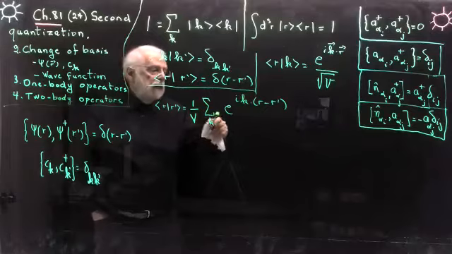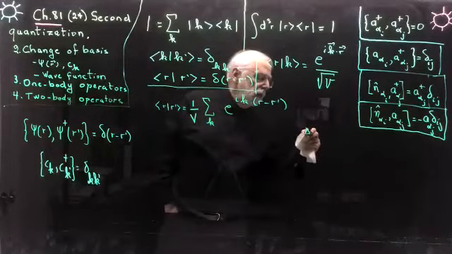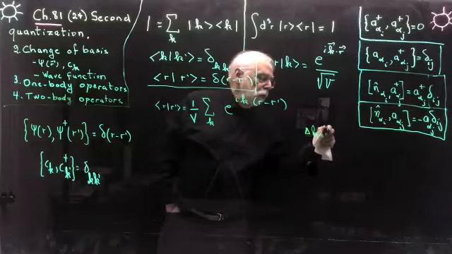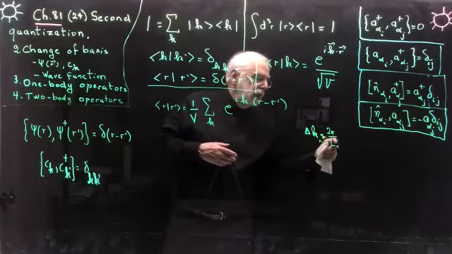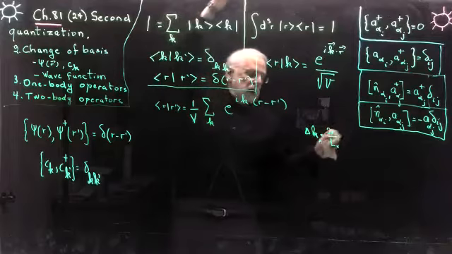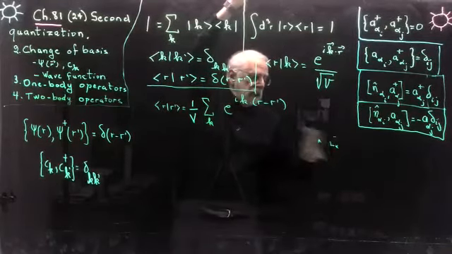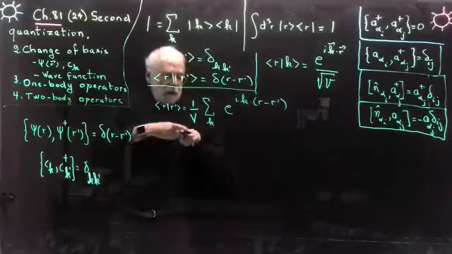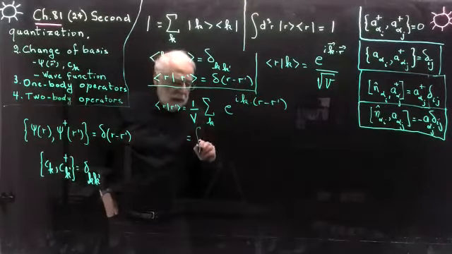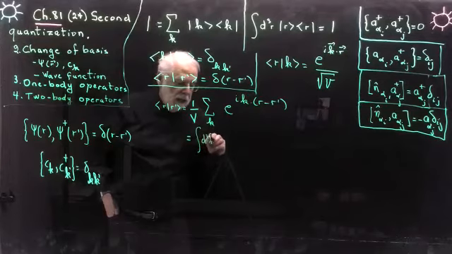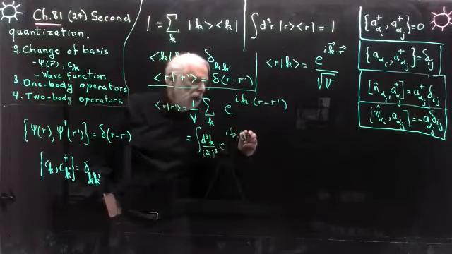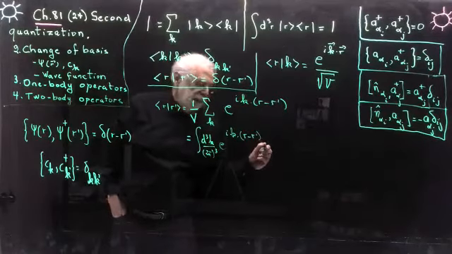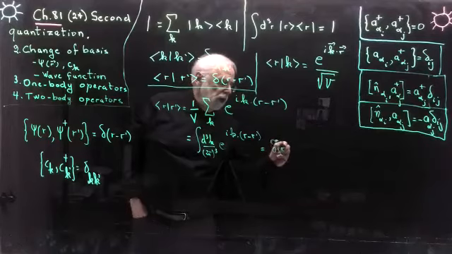If the spacing between states is 2 pi over L, where L is Lx if you're looking in the X direction, then because of this 2 pi, when you go to the infinite volume limit, this becomes integral d cube k over 2 pi cube e to the i k dot r minus r prime, and that's equal to delta of r minus r prime.